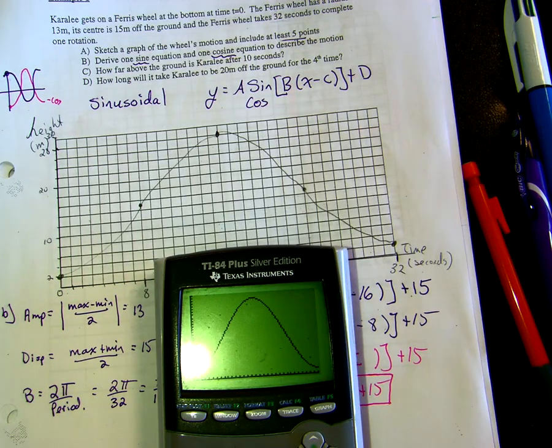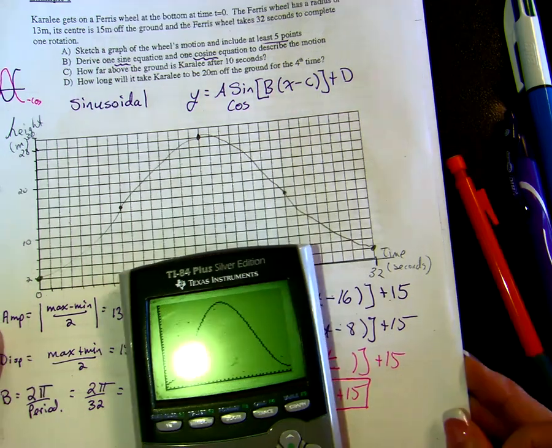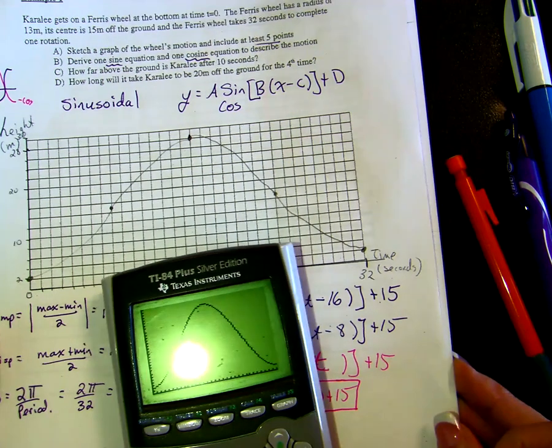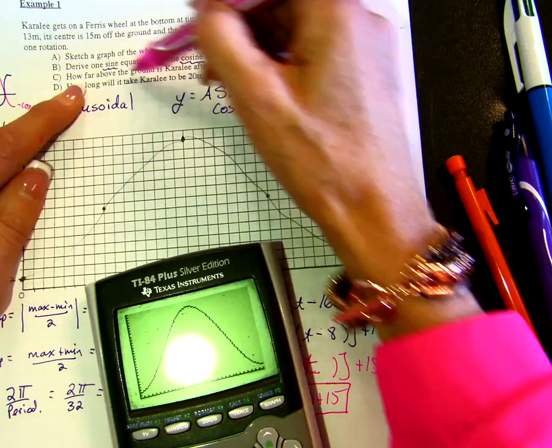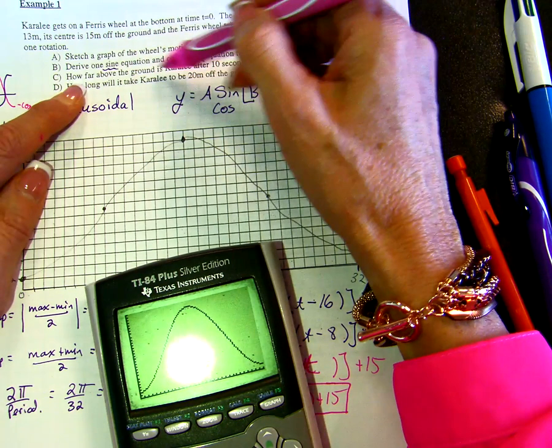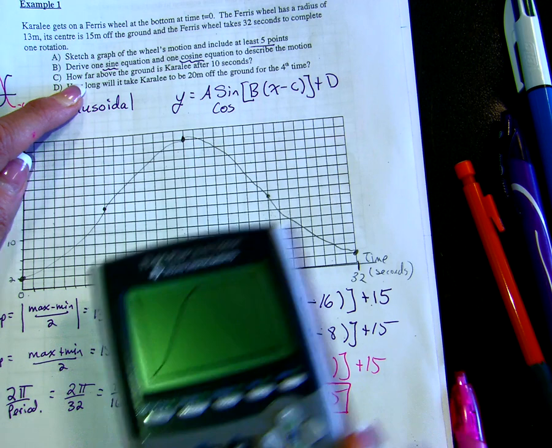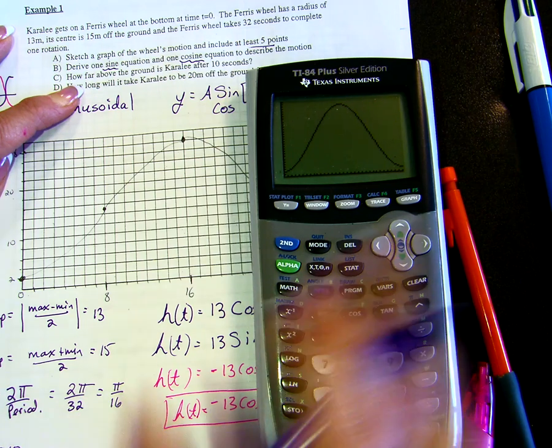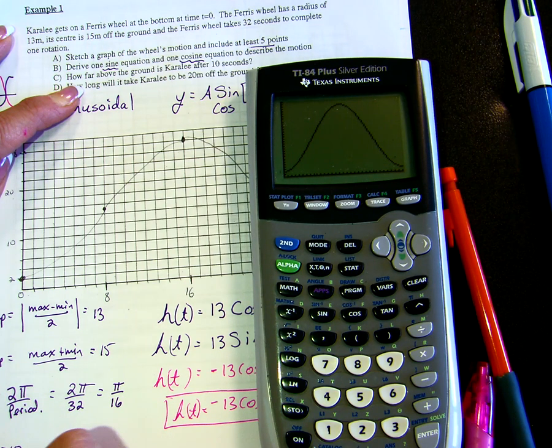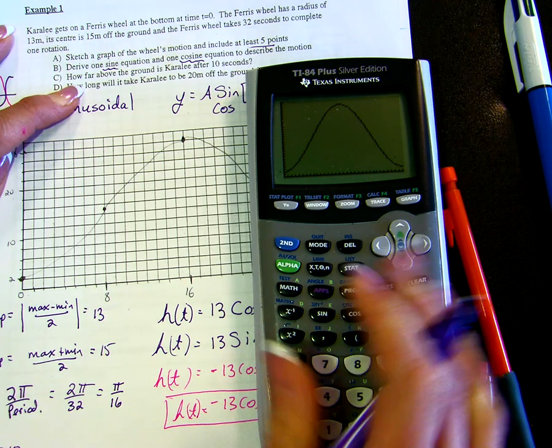Then here's a simple question. How far above the ground is Carolee after 10 seconds? So for a question like that, all you put in is t equals 10, and you're looking for her height when time is 10.